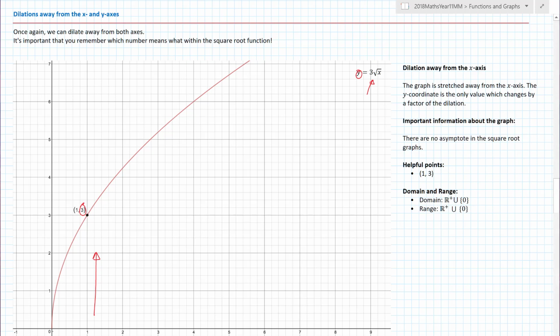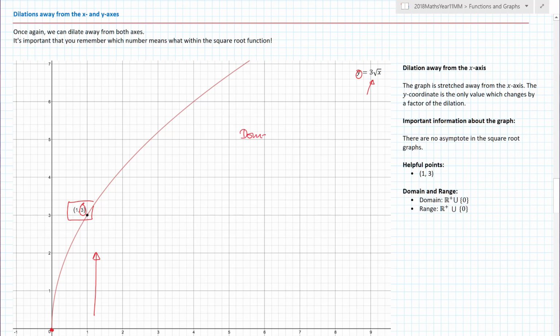Hence, once again, for the standard graph, that point is anchored at 0, 0, but my helpful point becomes 1, 3. The y values have been tripled. The sooner you actually start getting this and practicing it and actually using that language when you start looking at functions, you honestly, methods 1 and 2, methods 3 and 4 will be awesome.